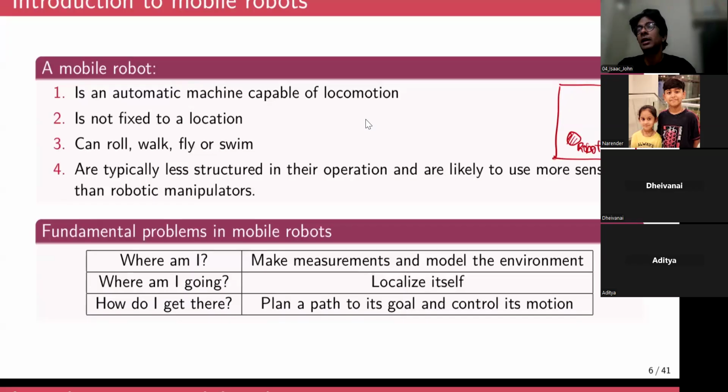And once the controller has taken that decision, it will pass on the instructions to the motors or to the actuators so that the robot can actually start moving, so that it will follow the desired trajectory and reach its goal point. So these are the fundamental problems that a mobile robot tries to address.